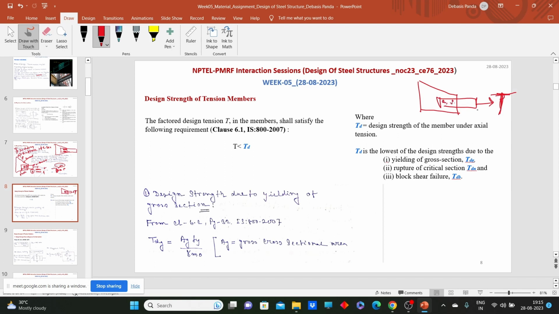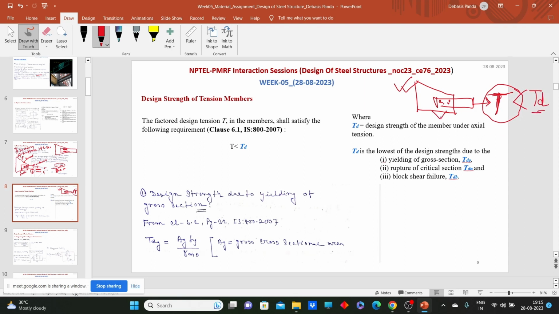So to make this joint safe, the applied force should be less than the design tensile strength of this connection. Now we will learn how to calculate it.